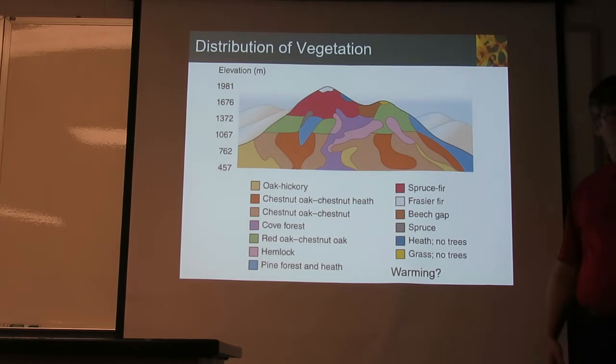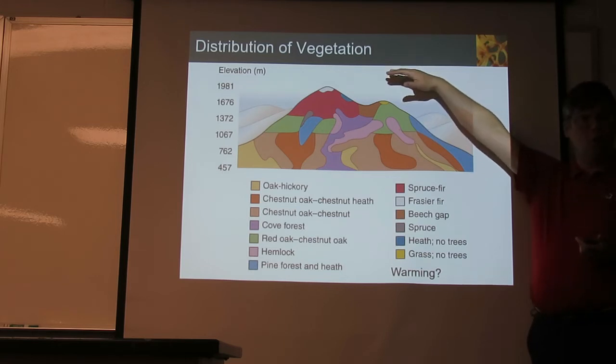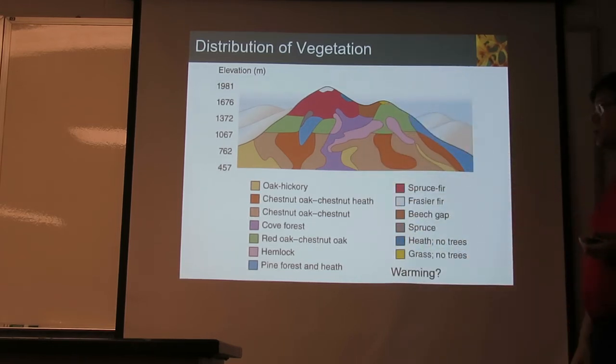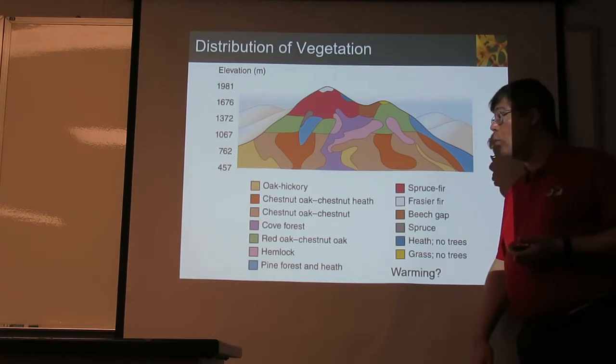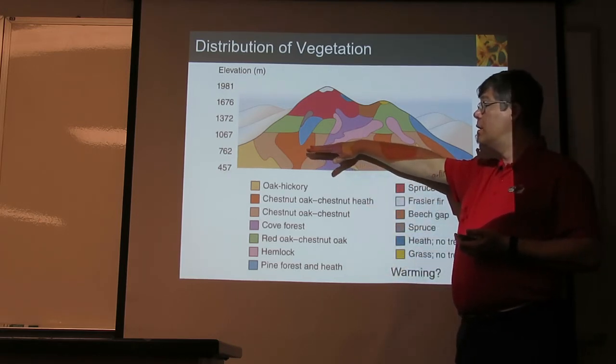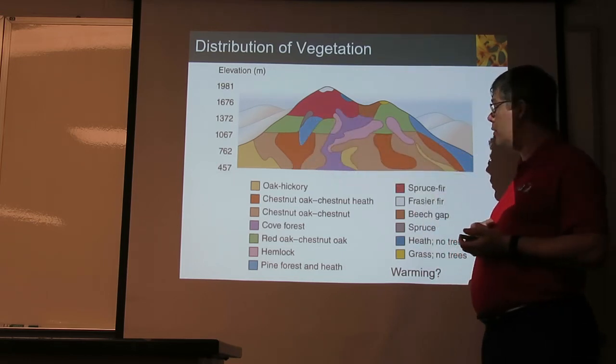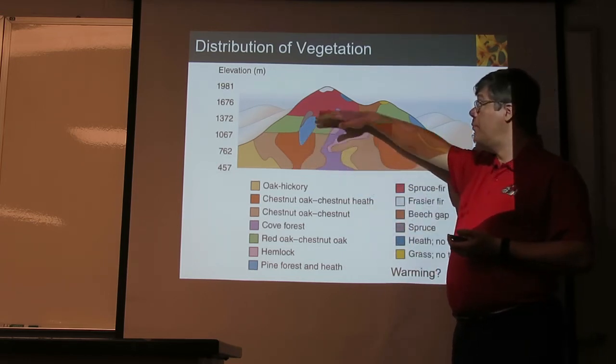So, going up a mountain, it's typically colder towards the top, warmer towards the bottom. So, with warming, we'll tend to see these different types of dominant trees move up the mountain.